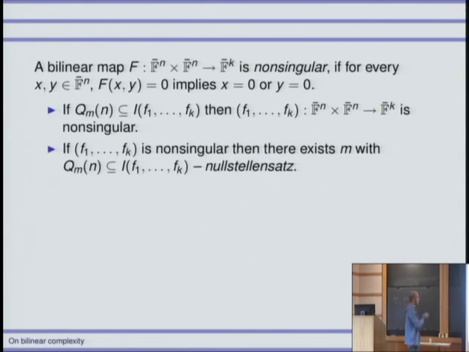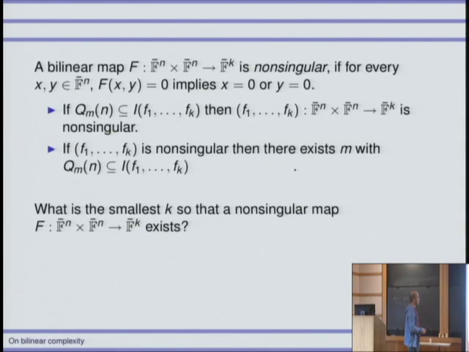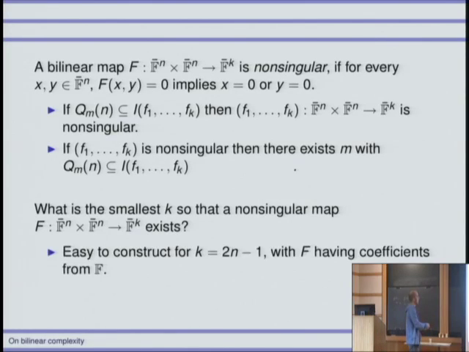So now the question arises: what is the smallest k so that you can construct such a bilinear map? It is easy to construct it explicitly for k equal to 2n minus 1, and I'll show you in a moment. But this already gives you that there exists an M such that the bilinear complexity of Qm is equal to 2n minus 1, which was one statement of the theorem.